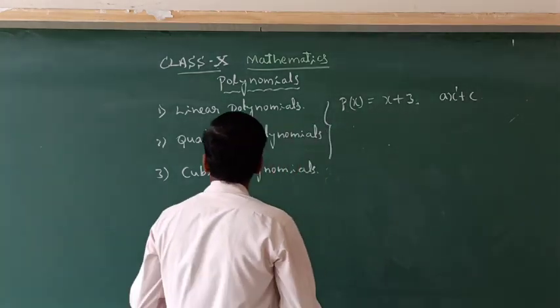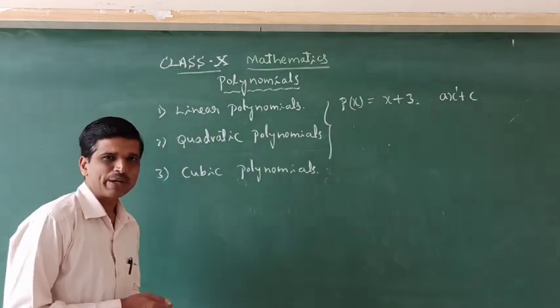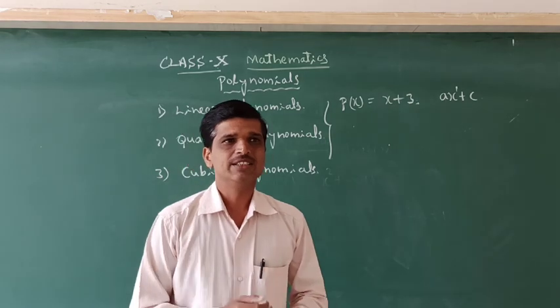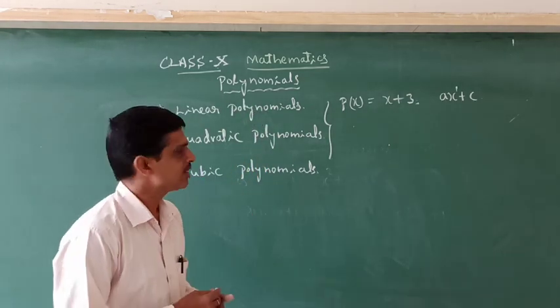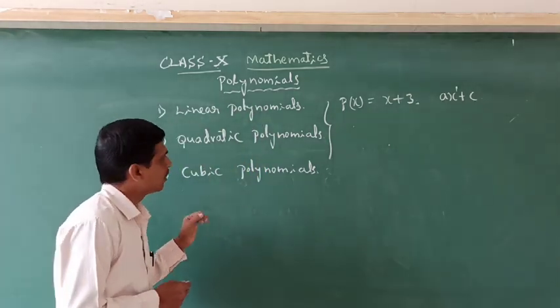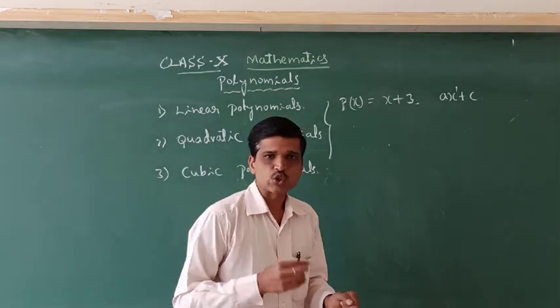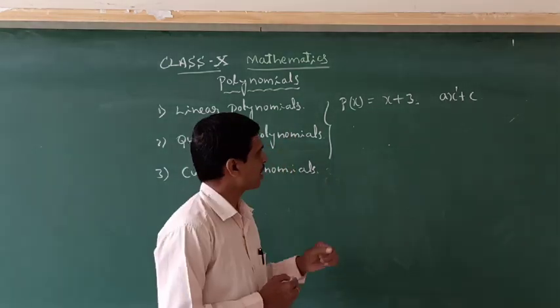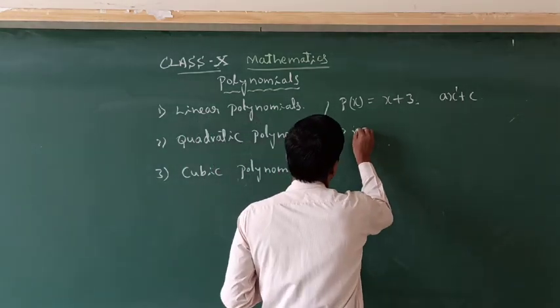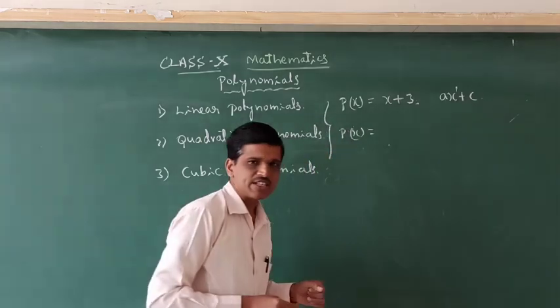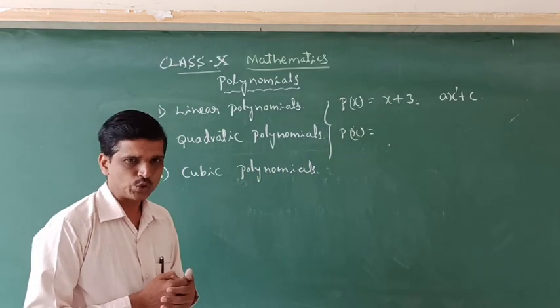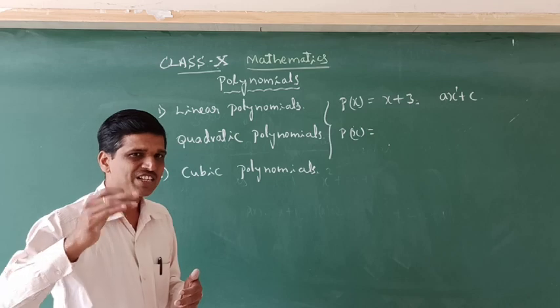Now, quadratic polynomials. What do you mean by quadratic? Quadrate means square. Therefore, the variable's exponent power is 2, which means the highest power is 2.